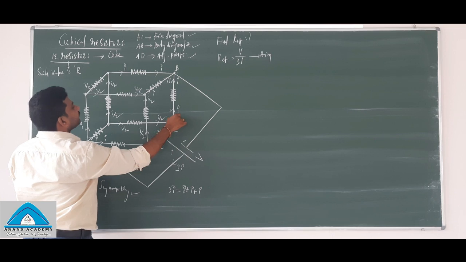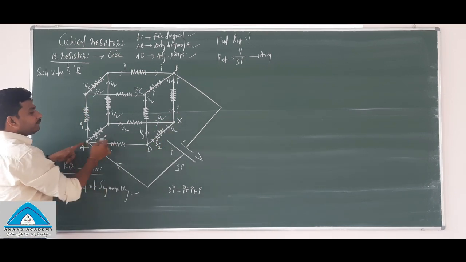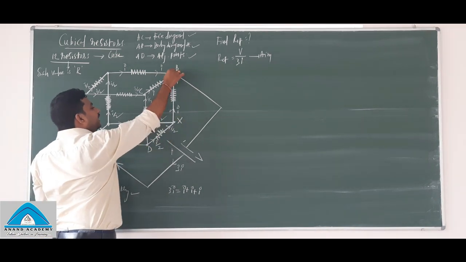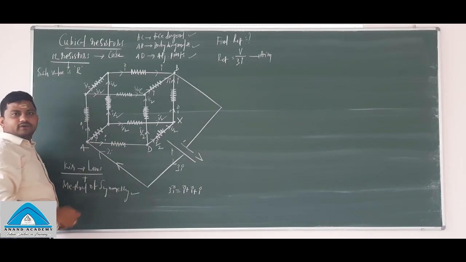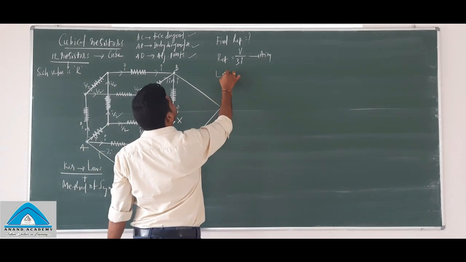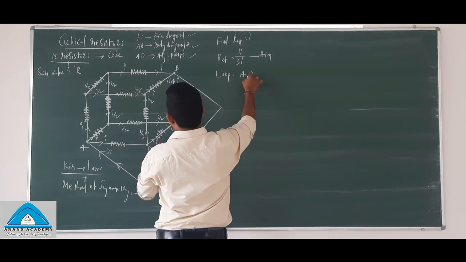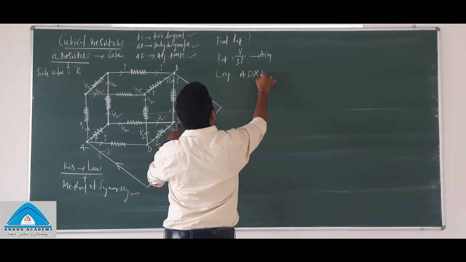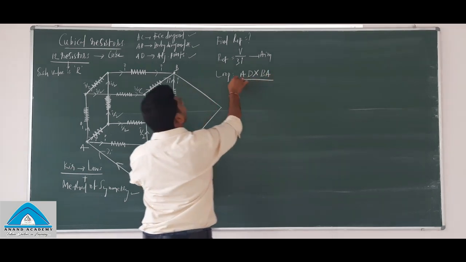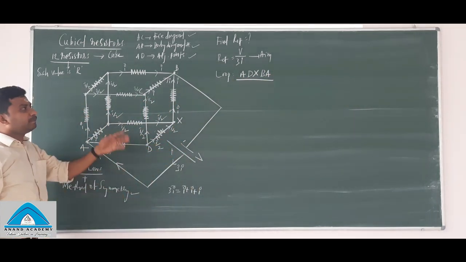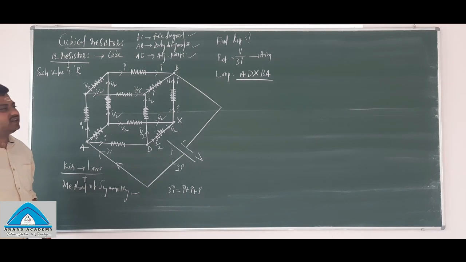So, let me give the name called X. A, B, X, B, A. Right? So the loop I am considering is A, B, X, B, A. A, B, X, B, A is the loop of consideration.